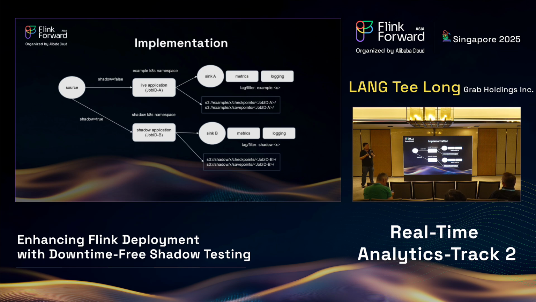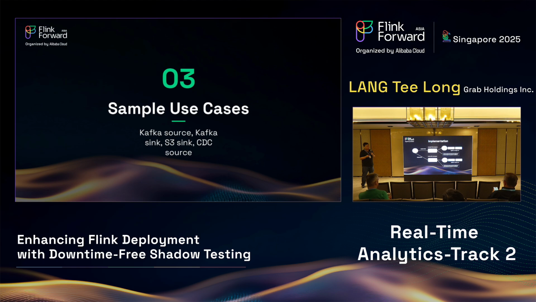So platform users can just toggle based on the tag and filter, because shadow pipelines have their own dedicated prefix. The same goes for checkpoints and savepoints. They will be saved to a different path, so you will not corrupt the existing live application state.